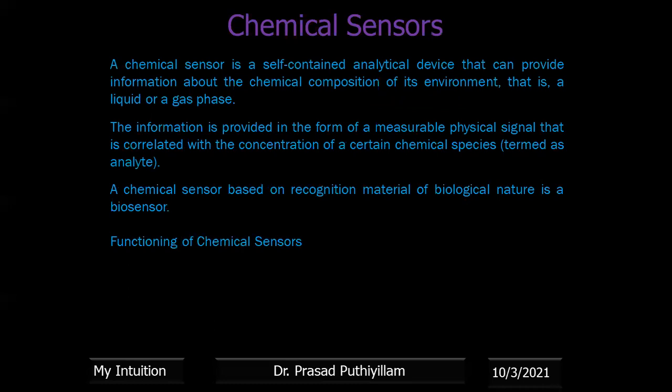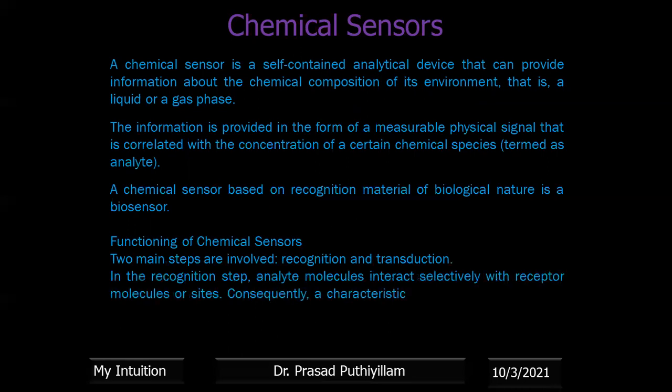If the sensed material is a biological material, then we call such a chemical sensor a biosensor. We have already seen the fundamentals of biosensors. Now, the functioning of a chemical sensor involves two main steps, that is recognition and transduction.